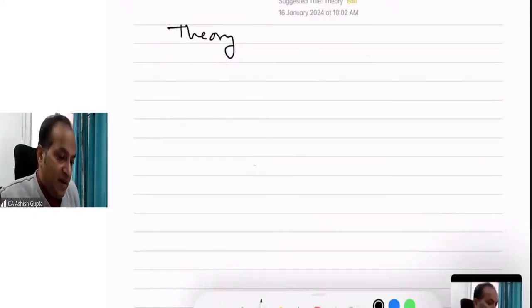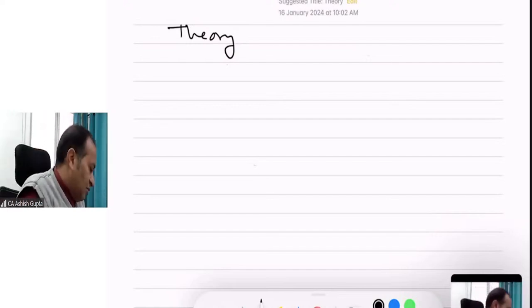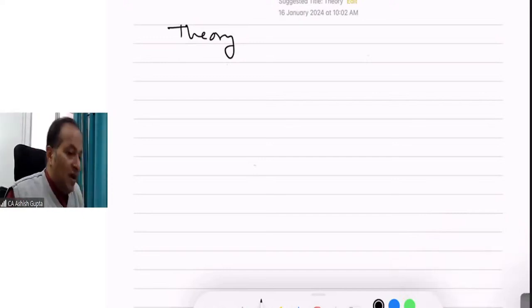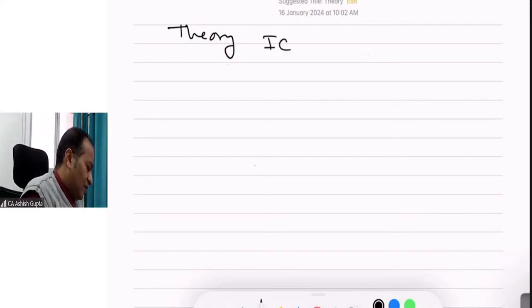Next is a concept. One student has asked about the theory questions. So far as theory questions are concerned, of course you can refer to these classes also, but the better source is our own publication, the study material. There is no shortcut.